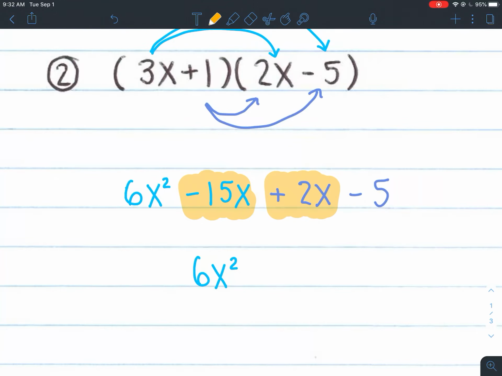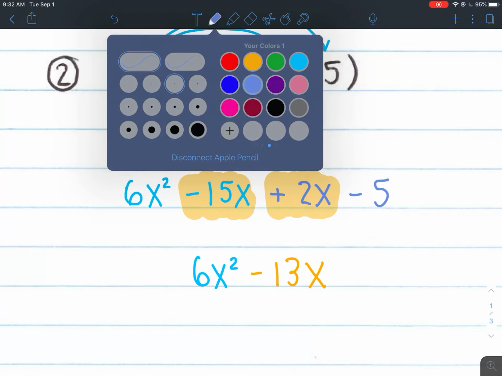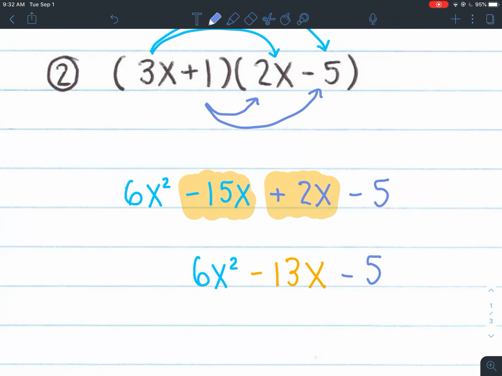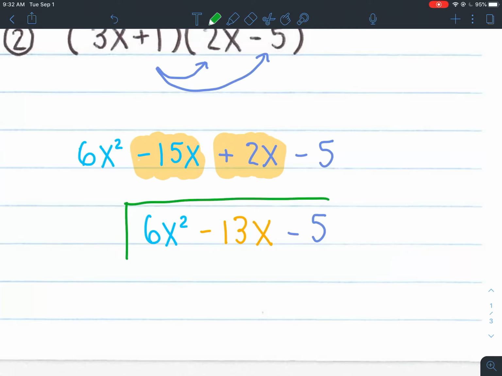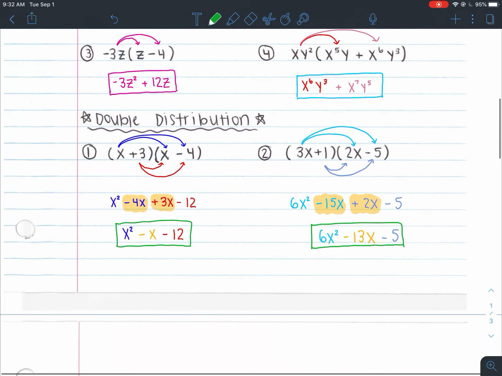And then negative 15x plus 2x is going to give me negative 13x. And then I have minus 5 on the end. And this is already in standard form, so you're all good to go. Remember, standard form is ordering them from the biggest exponent down to the smallest exponent. So that's just a little sneak peek of double distribution.